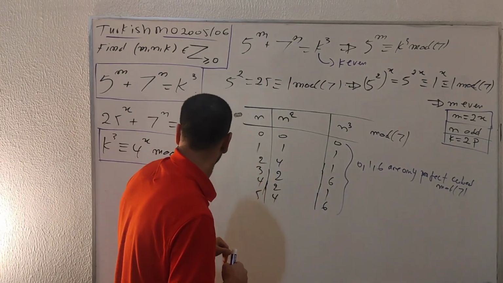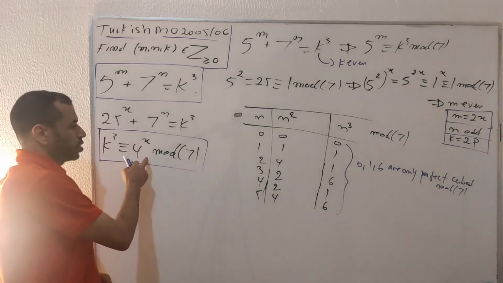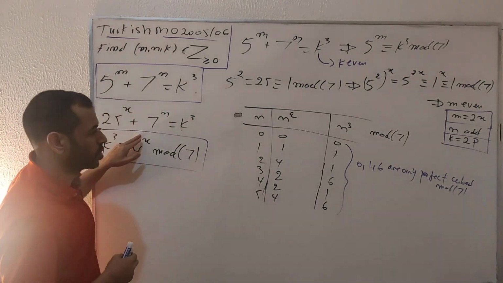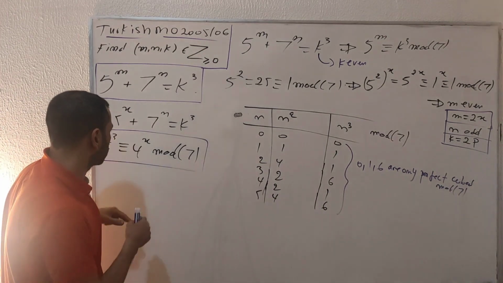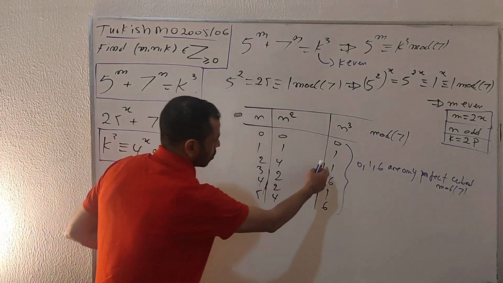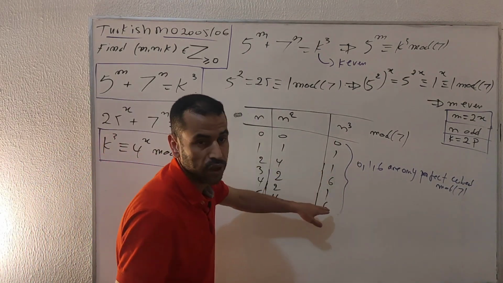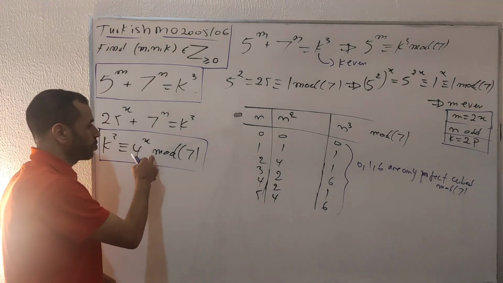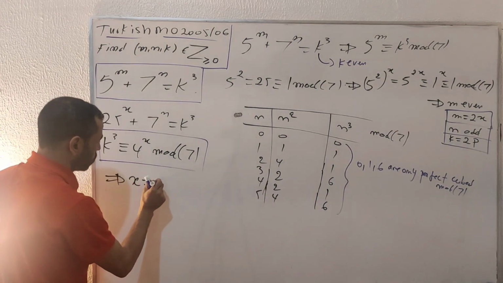Okay, so in order to have the same remainder, we must have x equals 0. If we give x the value 0, I will get 1, which is this one. Otherwise we cannot have any remainder in this form because this is a power of 4. So x must be equal to 0.